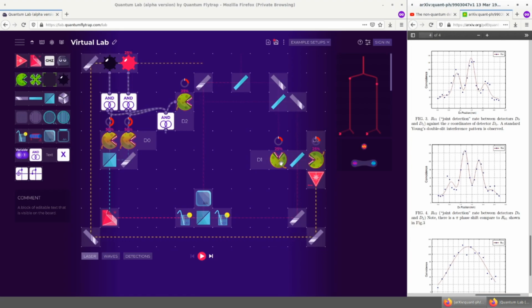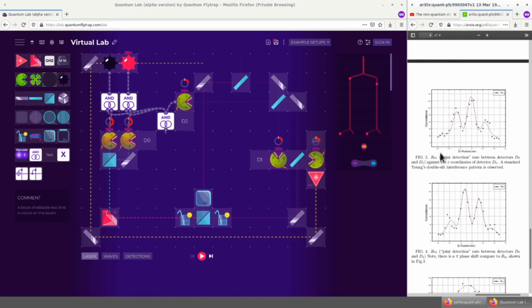If we instead condition on D1, that's this figure here, we should also see a wavy distribution, but it should be the complementary distribution. If you look very closely, you'll see that the mountain in this figure exactly lines up with a valley in this figure. Wherever this one is low, this one is high. So when we switch from D2 to D1, we should see, instead of low, high, high, low.